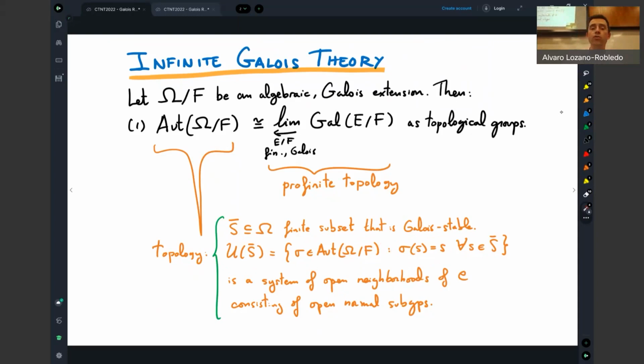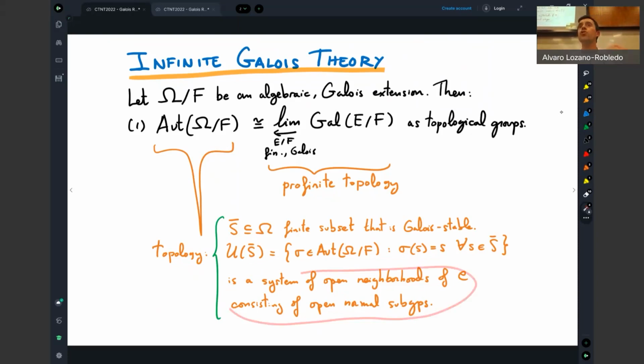Every one of those, for your choice of S, is an open subgroup. And of course, they include the identity because the identity fixes everything. So these are open neighborhoods of the identity. And these actually turn out to be normal subgroups. So this is a system of open neighborhoods of the identity consisting of normal subgroups.